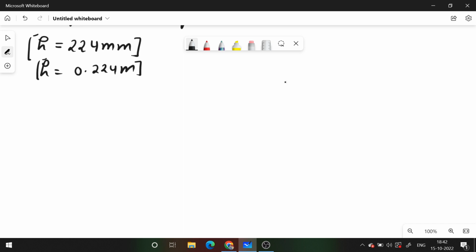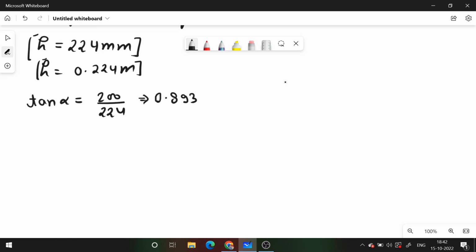Now from this right angle triangle OAB, tan alpha will be equal to R upon H. H is 224 mm. Now calculating this, tan alpha will be equal to 0.893. Okay.